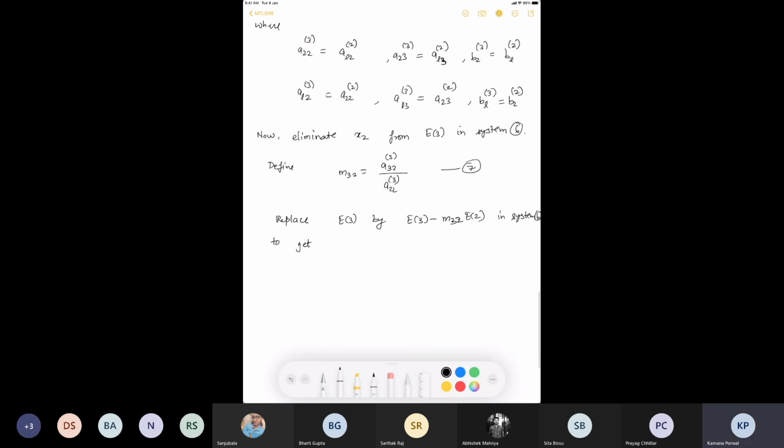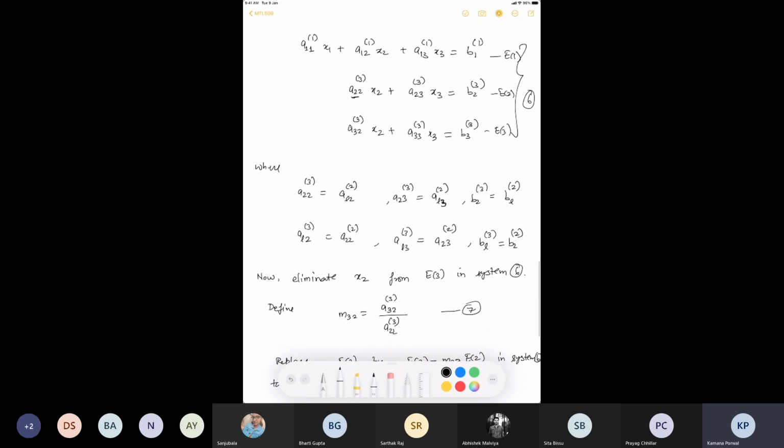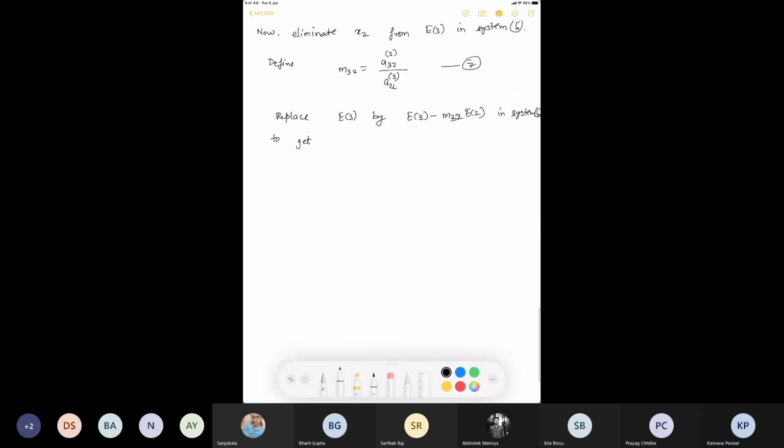In the new system, you can observe that we will not have the x2 variable in the third equation. The first and second equations will remain as they are. So we will have A11(1) x1 plus A12(1) x2 plus A13(1) x3 equals B1(1).